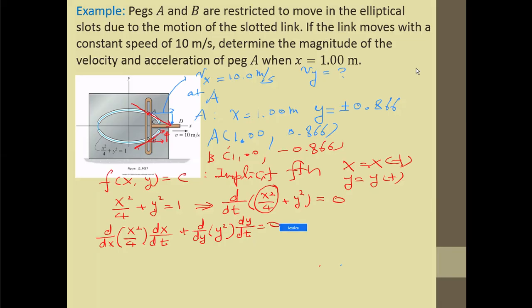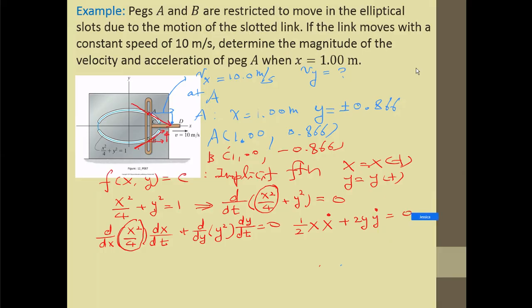So the derivative of x squared over 4 with respect to x: bring down the power, lower the power by 1. So it'll be 1 over 2 x times dx over dt, that is x dot, plus the derivative with respect to y, that is 2y times dy over dt, that is y dot.